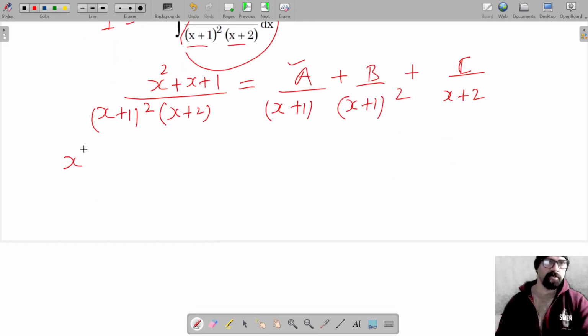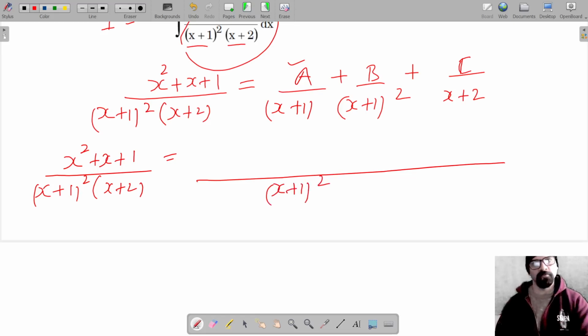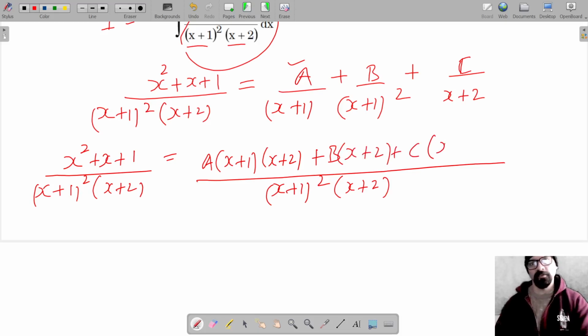So this is now (x² + x + 1) upon (x + 1)² into (x + 2). The LCM is (x + 1)² into (x + 2). So this is a into (x + 1) into (x + 2) plus b into (x + 2) plus c into (x + 1)².